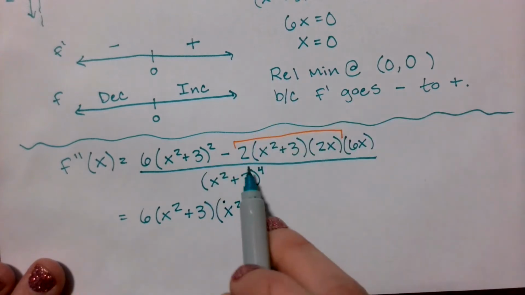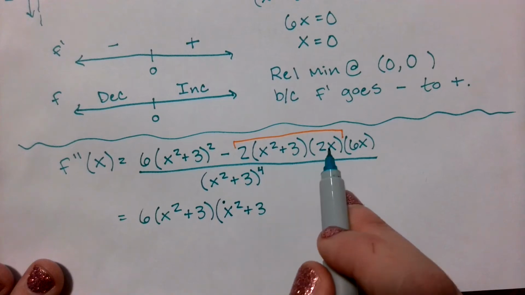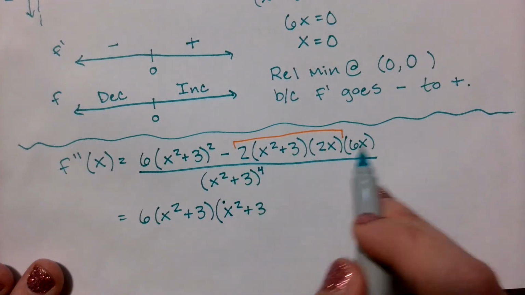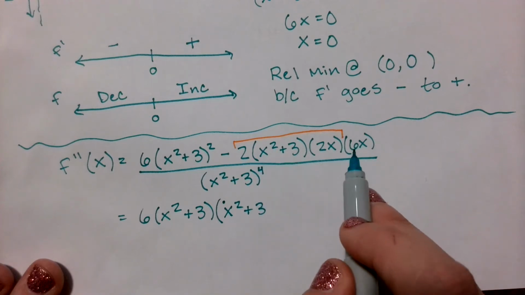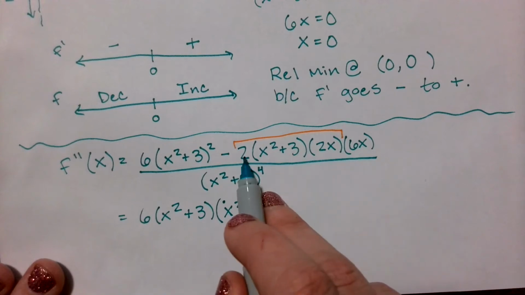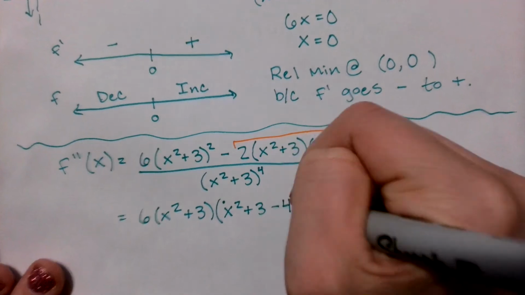I don't really need it in parentheses. And then over here, we've got a negative 2, the 2x, and that's it. Oh, and this x. So I took out an x squared plus 3, and then I took out that 6. So I'm left with a negative 2, a 2x, and an x. So negative 4x squared.